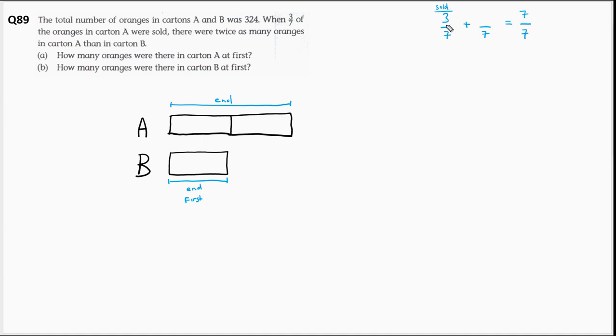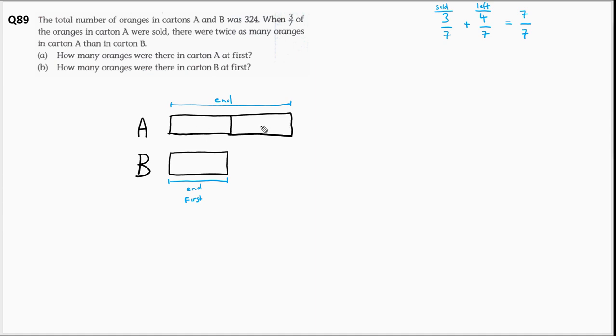So if 3/7 were sold, then there must be 4/7 left. So this is the end. This is what was left, the oranges that were left. That's the end.